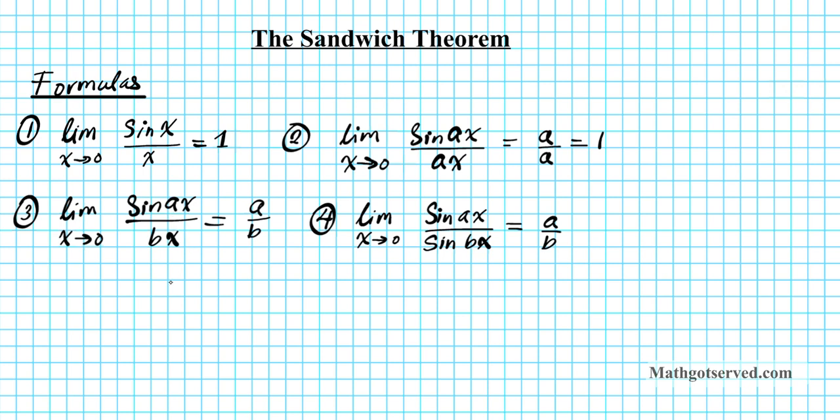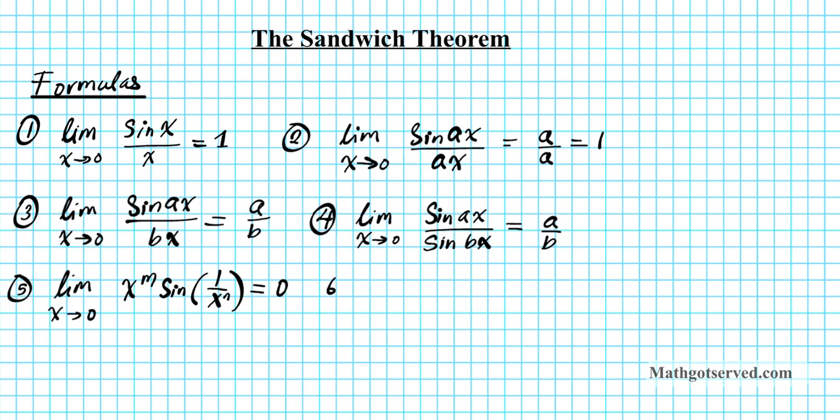Okay? All right, now there are two other sandwich theorem formulas that you need to know. So number 5, the limit as x approaches 0 of x to the m sine 1 over x to the n is equal to 0.